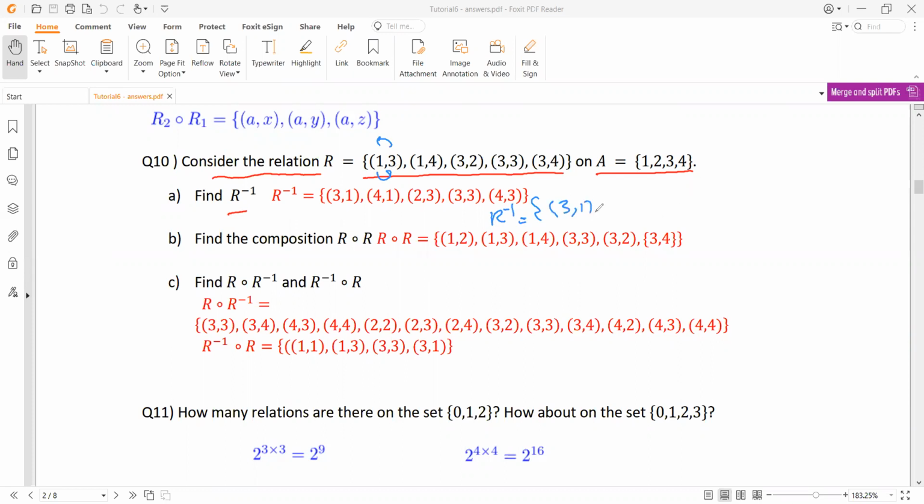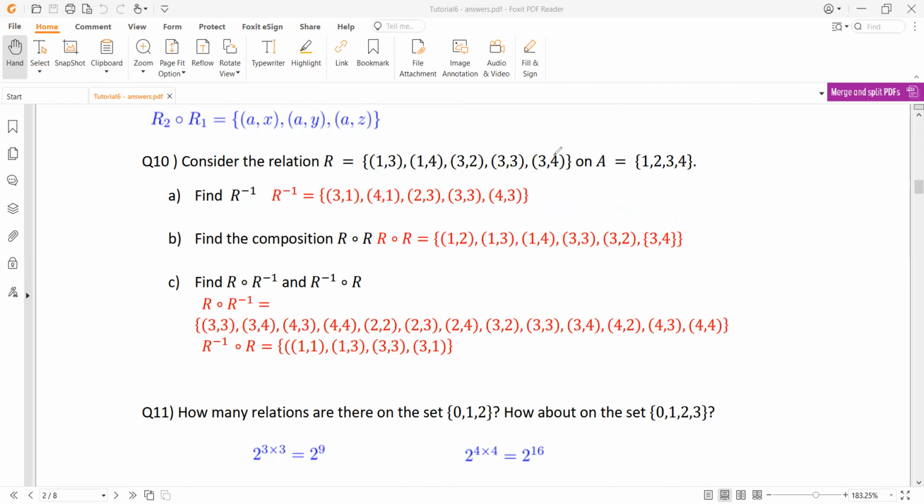So 1 to 3 becomes 3 to 1, and here it will be 4 goes to 1, and here 2 goes to 3, and here 3 goes to 3, and here 4 goes to 3. This is okay. So can you do a composition of R composite itself?